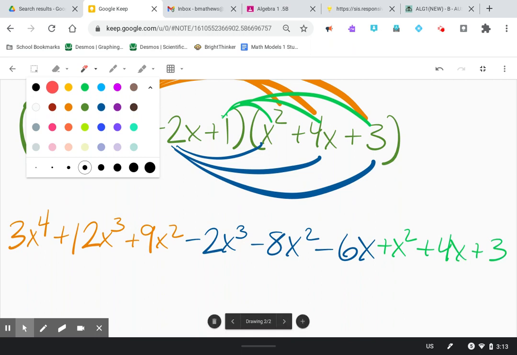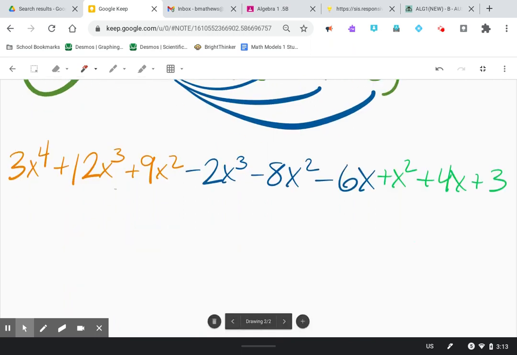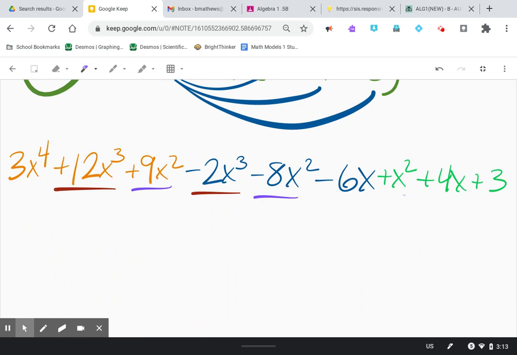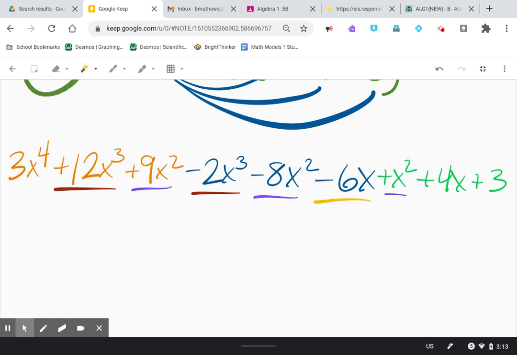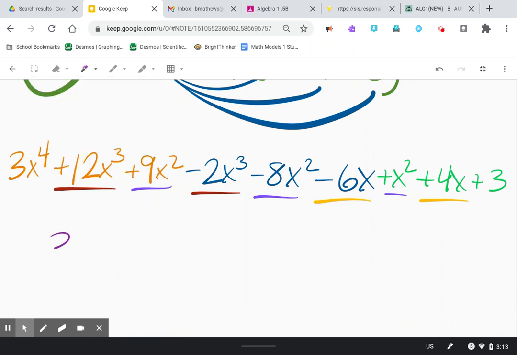Now it's just a matter of finding your like terms. I see that there are like terms here and here. I see that there are like terms for x squareds there and there. I see that there are like terms for x's here and here, and the other terms don't have anything to go with them. So let's bring all that together. So I'm going to end up with 3x to the 4th.